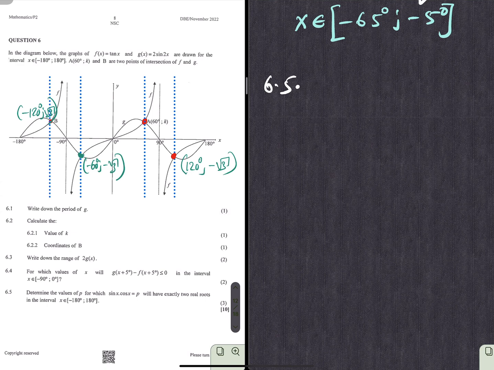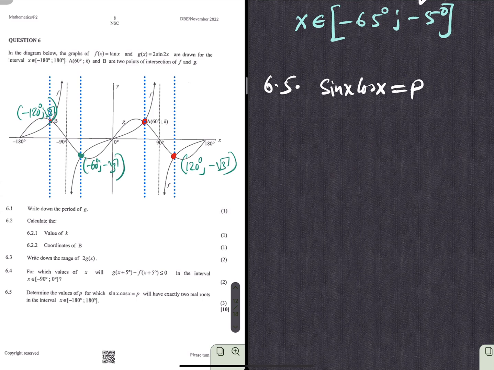So I want the value of p for which sine x multiplied by cos x is equal to p will have exactly two real roots in that interval.